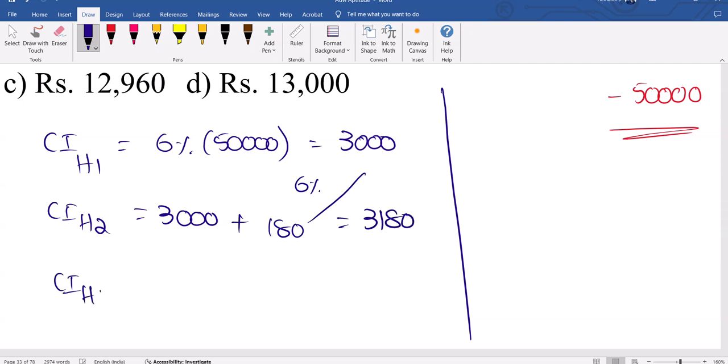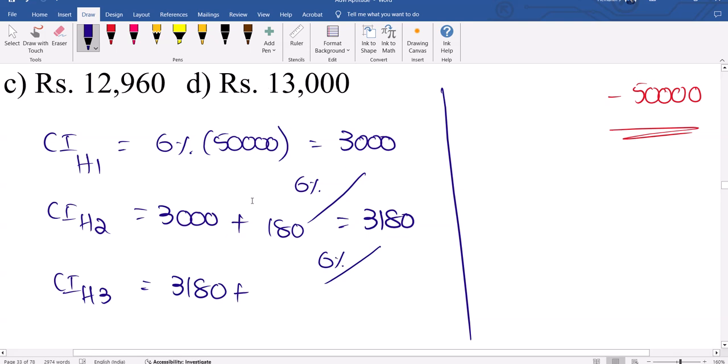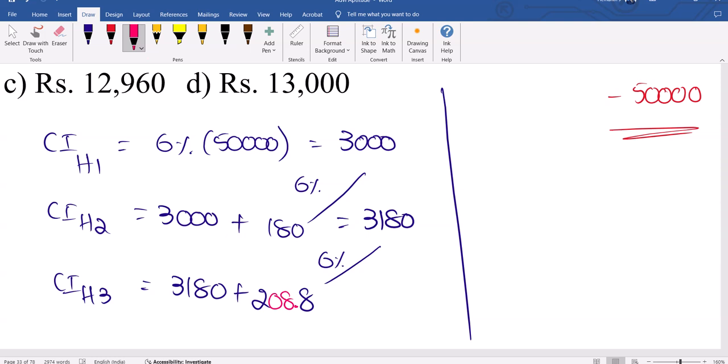Third half yearly, we got some points, options are wrong, we can sense it. 6% of 3,180, which is 31.8 into 6, which is 190.8, no, sorry, 208.8, or 198.8.